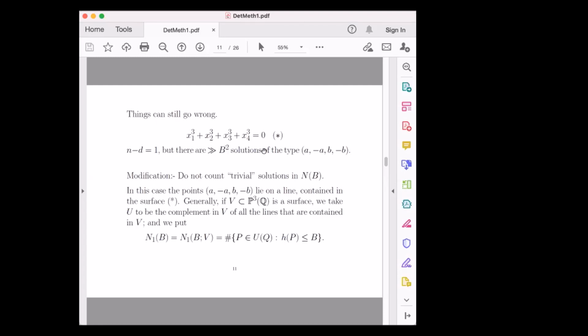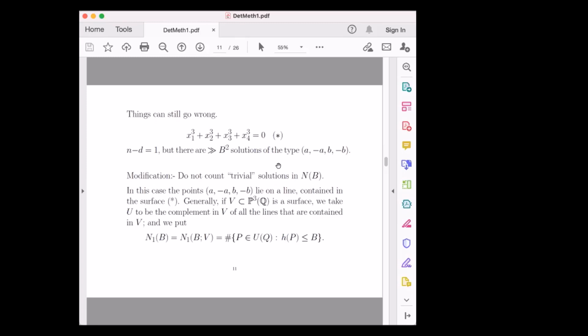Too many solutions for this trivial reason. So we'll make yet another modification to our heuristic expectation. We'll exclude trivial solutions. That's fine, but we need to work out what trivial means.